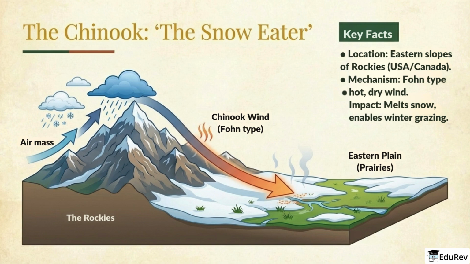Air rises on one side of the mountain, loses moisture, and then descends on the leeward side as a warmer, drier wind. Its impact is huge. It melts snow quickly and makes winter grazing possible over the eastern plains, especially the prairies. This is a strong example of how a local wind can directly shape economic life.